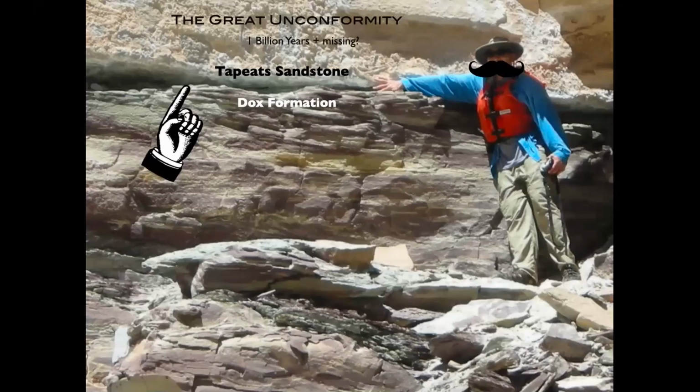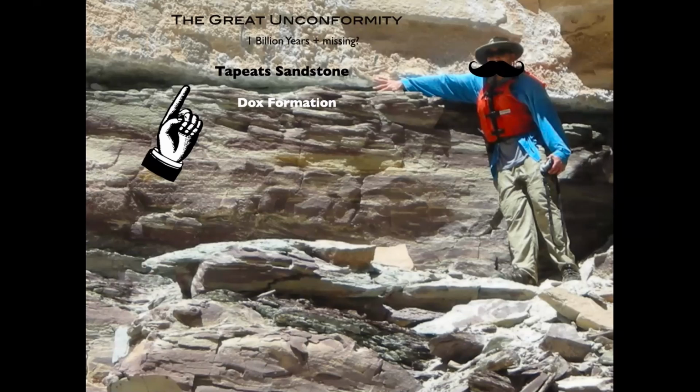And another very mysterious section of the Grand Canyon, not only in the Grand Canyon but also across North America, is called the Great Unconformity. Again, according to traditional dating, not even creation dating or anything like that, there is a billion, with a B, a billion years of time missing between the Vishnu Formation below and the Tapeats Sandstone above.